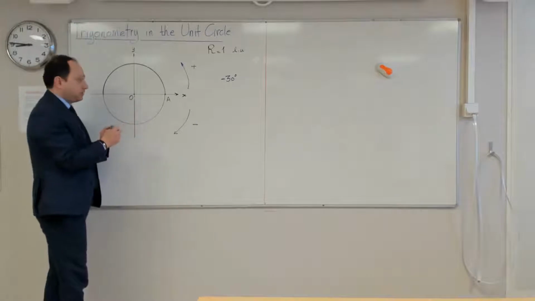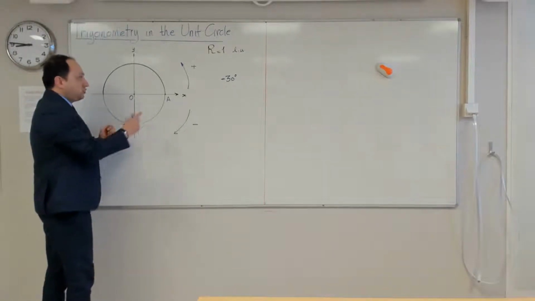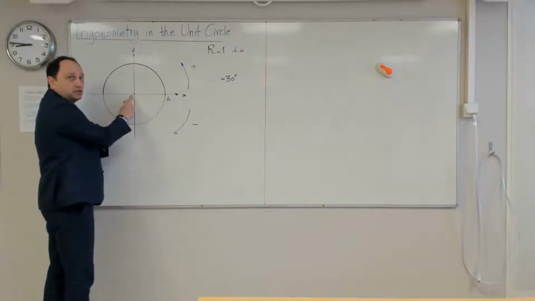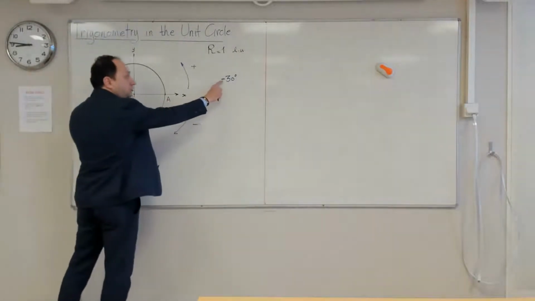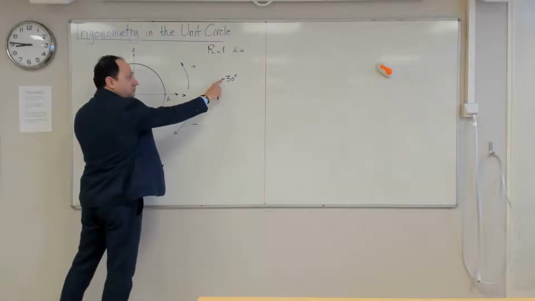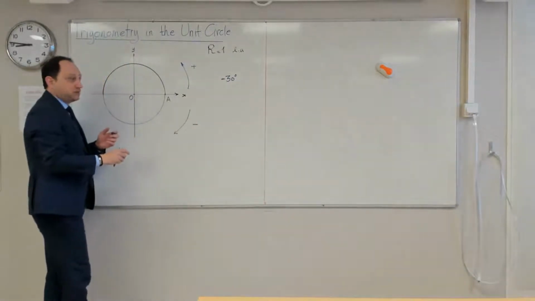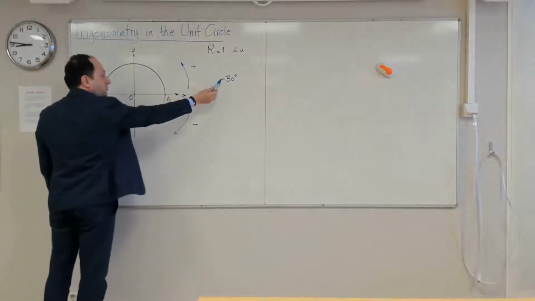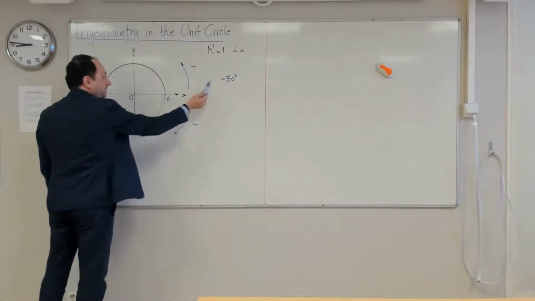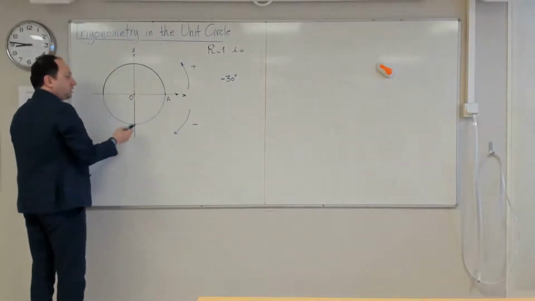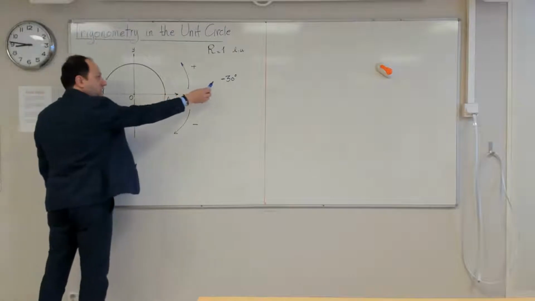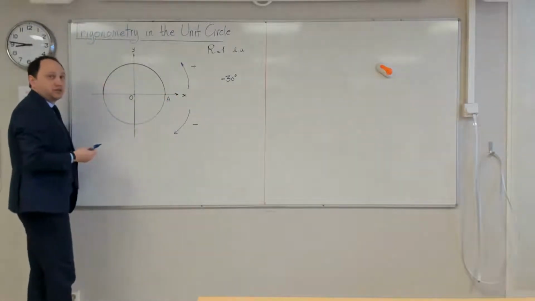Then you start rotating about the origin in the appropriate direction, which is designated by the sign, positive or negative, and according to this value. So when I want to represent this angle on this unit circle, I will start from OA and rotate in the positive direction because that is positive 30.